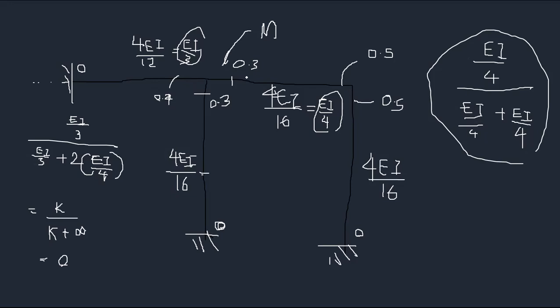This tells you I can take 30% of that, that means 0.3. This tells you I can also take 30% of that. If you add the bending moment to this joint, there are only two members. He is telling I will take 50%, and the remaining 50% is taken by this member, right?